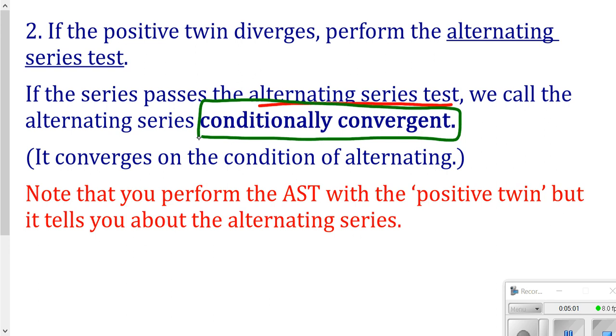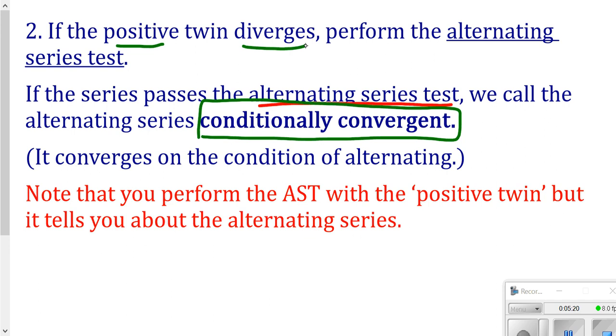It converges on the condition of alternating, because we already said that the positive twin diverged. So it can't be absolute convergence. Absolute convergence is when the positive twin is convergent.